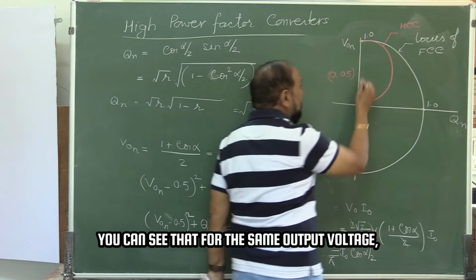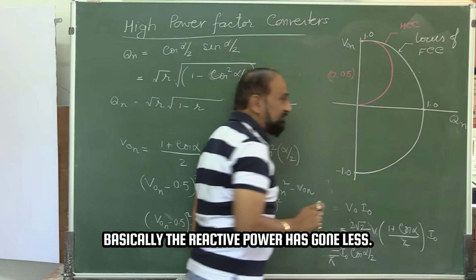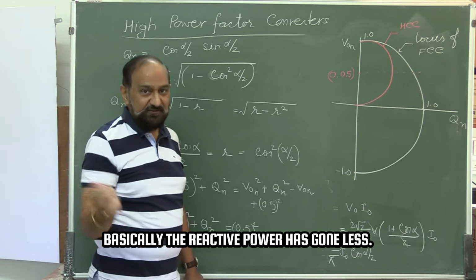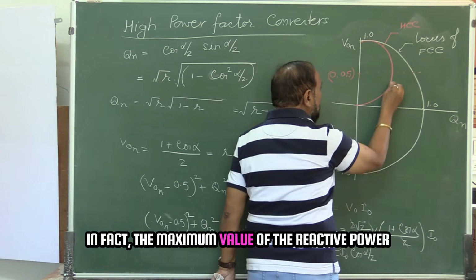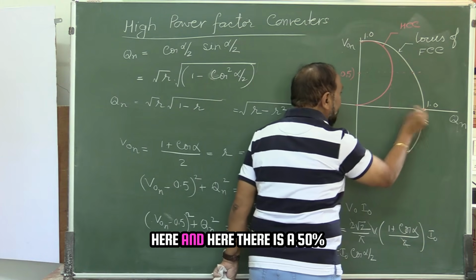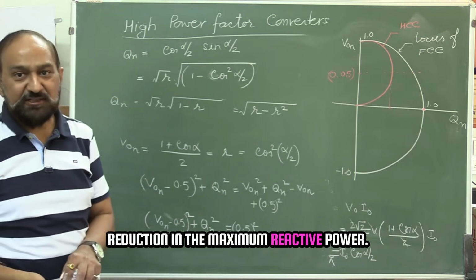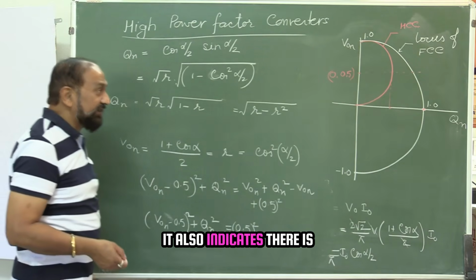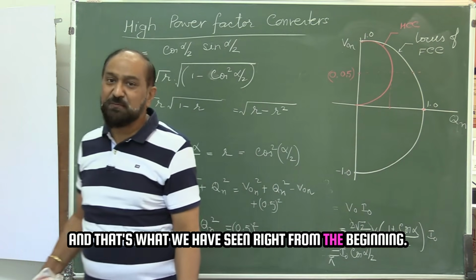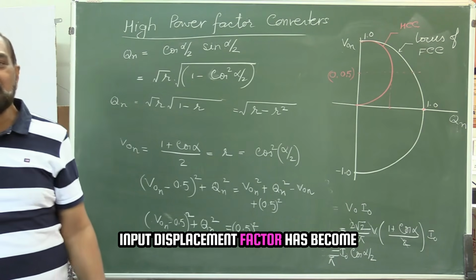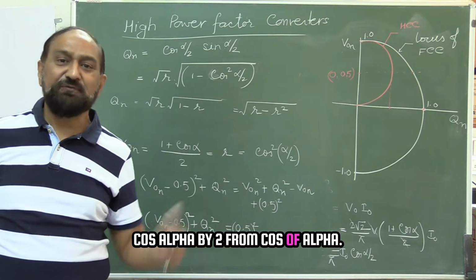You can see that for the same output voltage, the reactive power has gone less. In fact, there is a 50% reduction in the maximum reactive power. It also indicates there is an improvement in power factor, and that's what we have seen right from the beginning. Input displacement factor has become cos alpha by 2 from cos of alpha.